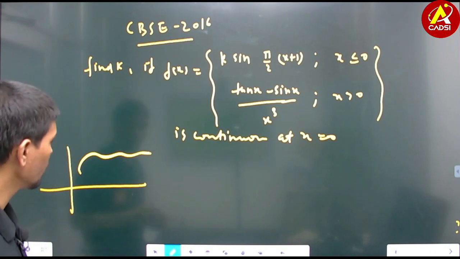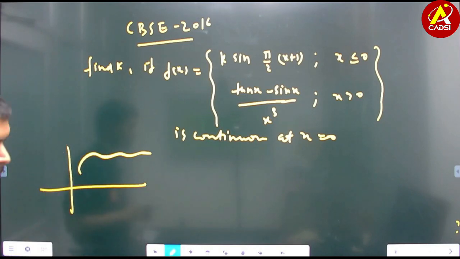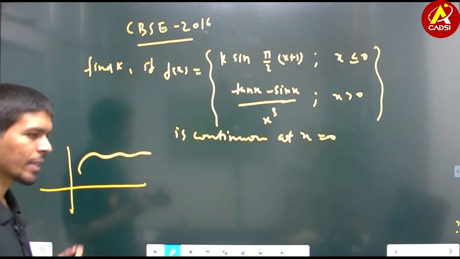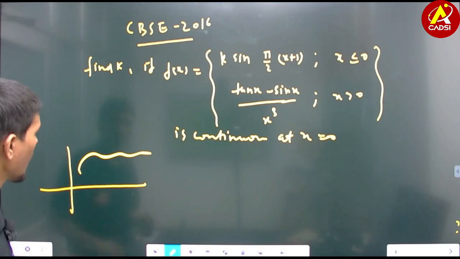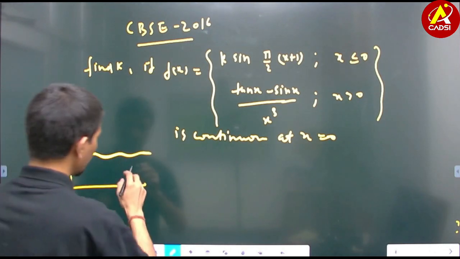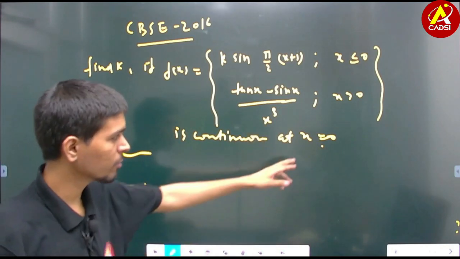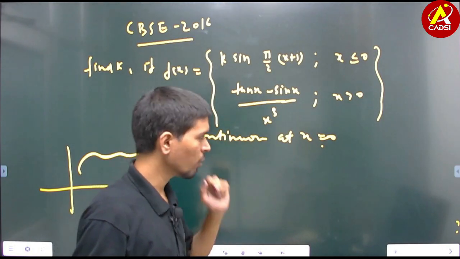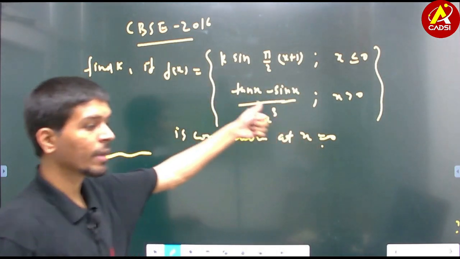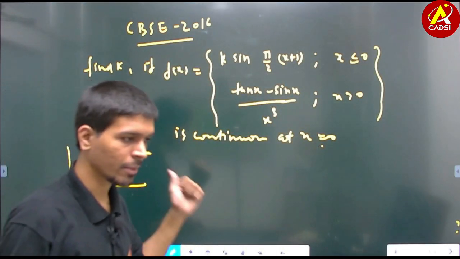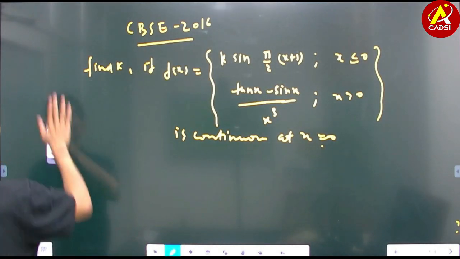So the function has continuity at a particular point means that the left hand limit and the right hand limit at this point should both be the same, and also the value of the function at that point is the same as the right hand and left hand limits.